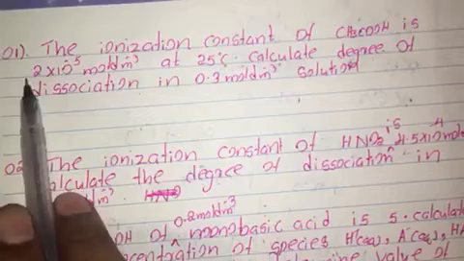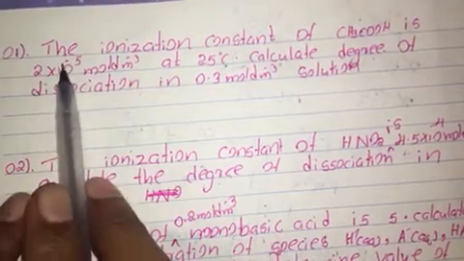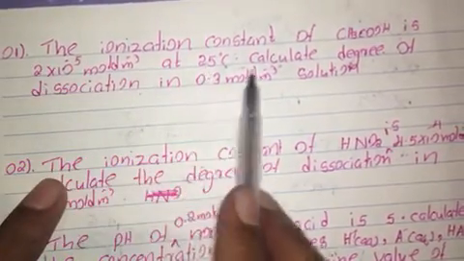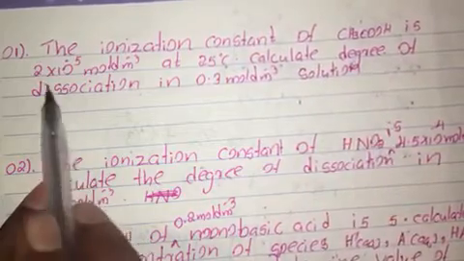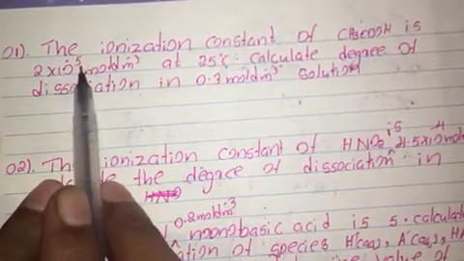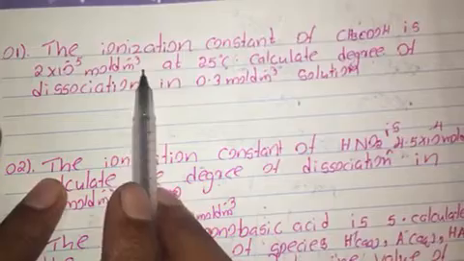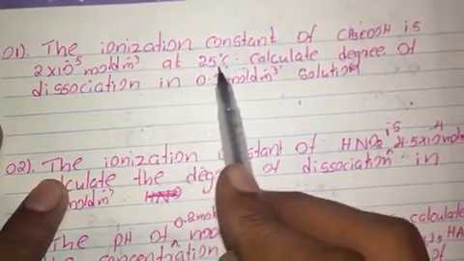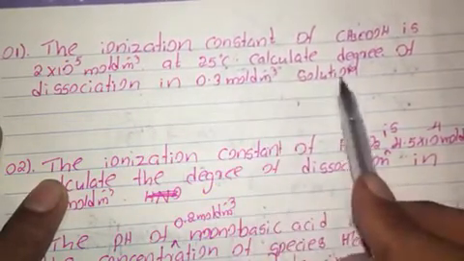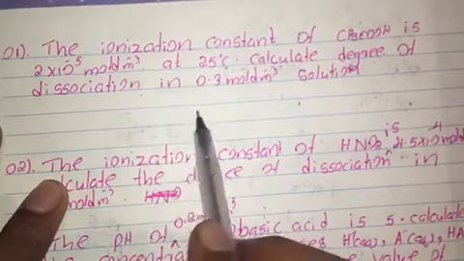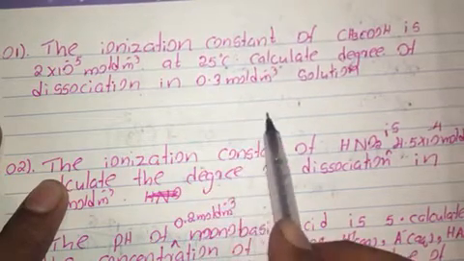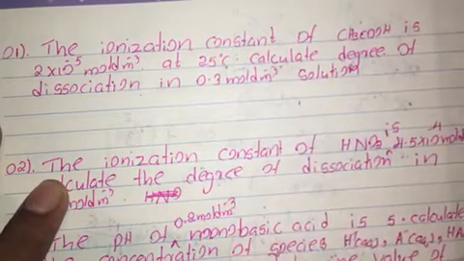First one, I discussed this one. The ionization constant of acetic acid is 2 into 10 to the power minus 5 mol dm minus 3 at 25 Celsius. Calculate the degree of dissociation in 0.3 mol dm minus 3 solution.